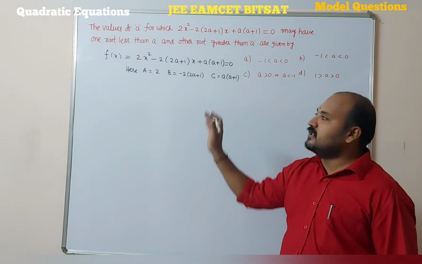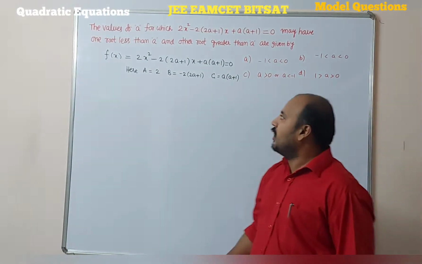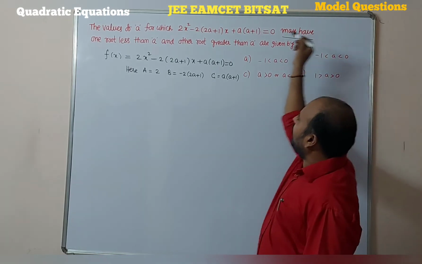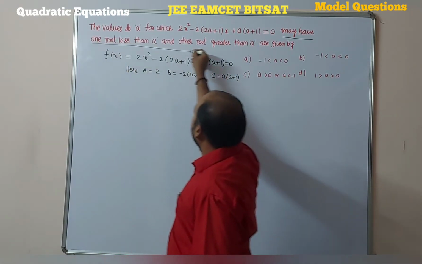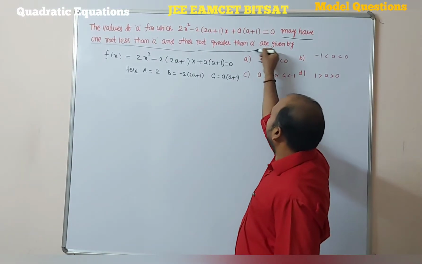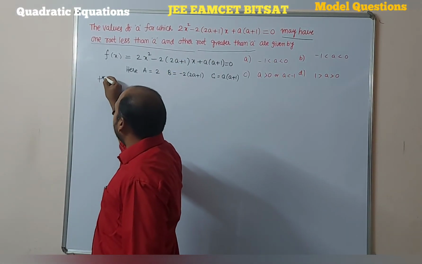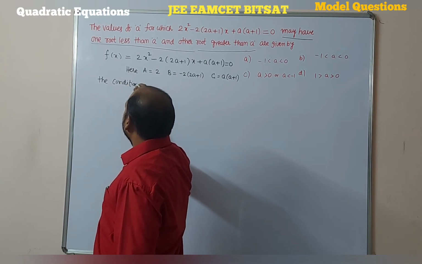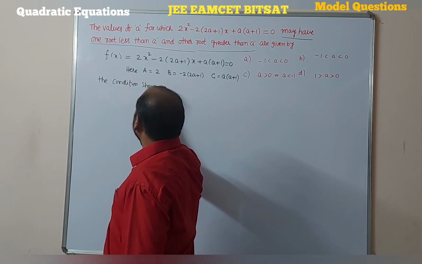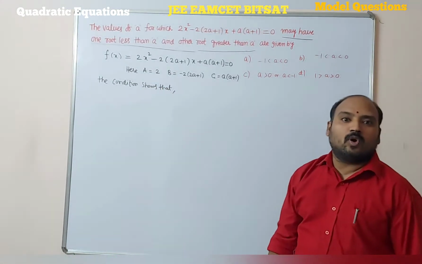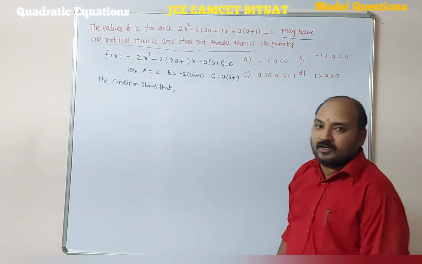See, after getting these values, this condition shows that it may have one root less than a, the other root greater than a. The condition shows that one root is less than and another root is greater than.